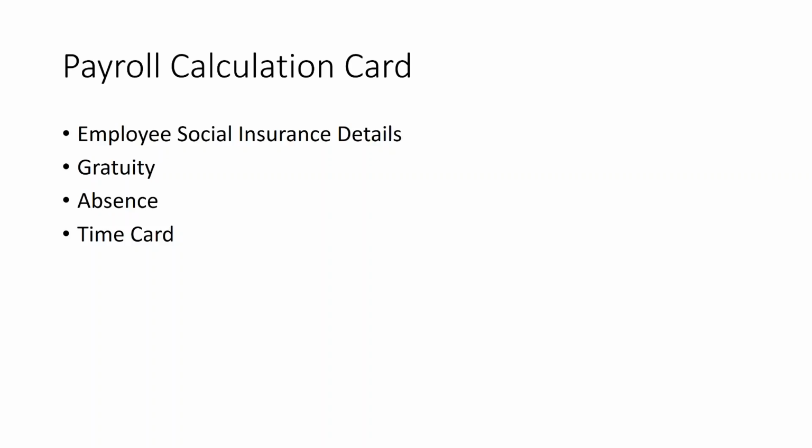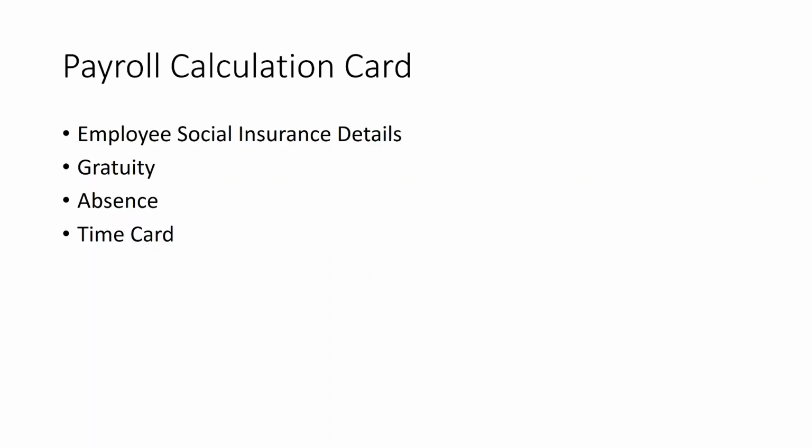Next is the gratuity payroll calculation card. The gratuity calculation card comes into the picture when you terminate an employee. So if you have created the proper links and everything for the gratuity elements, then when you terminate the employee, the gratuity card sits into the element entry. The absence and time cards, these two calculation cards, are based on the absence entry.